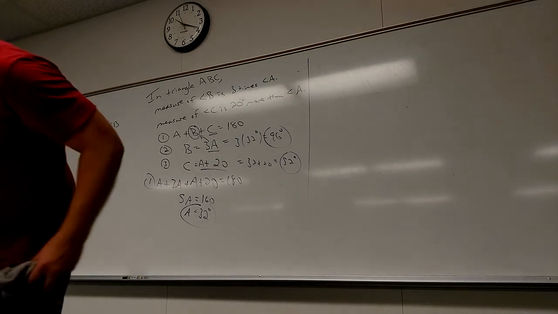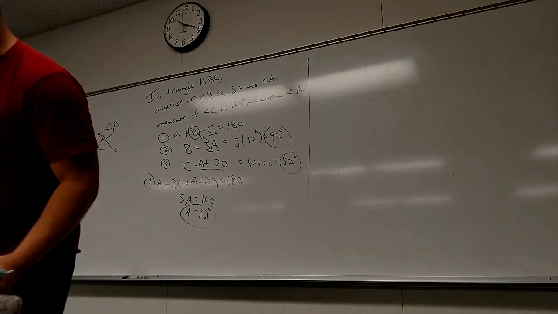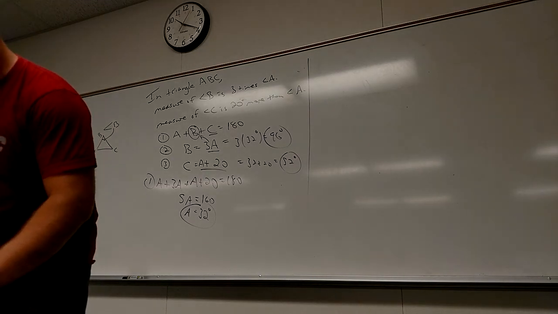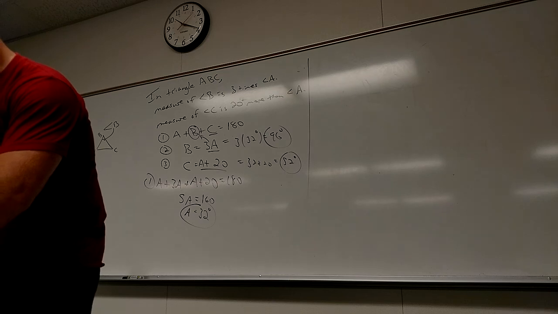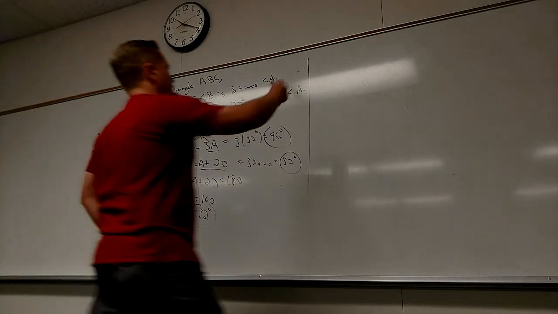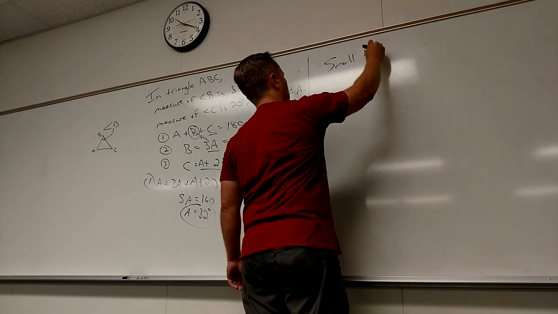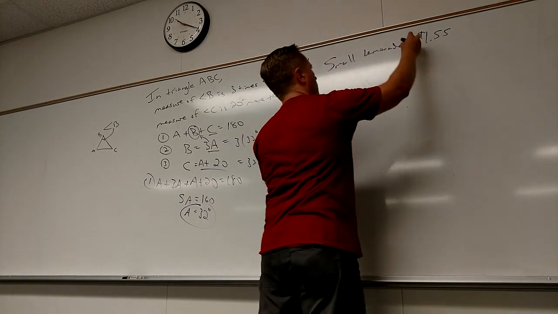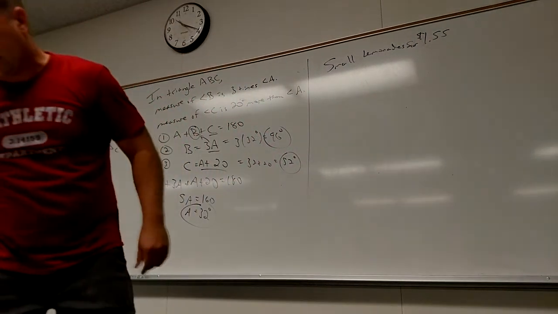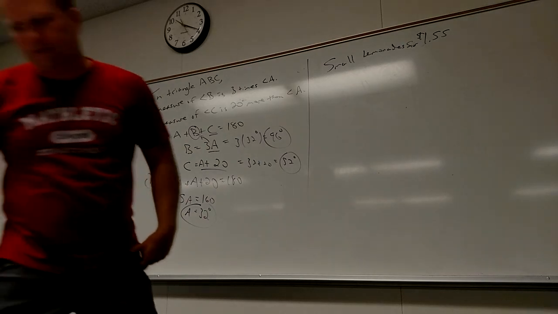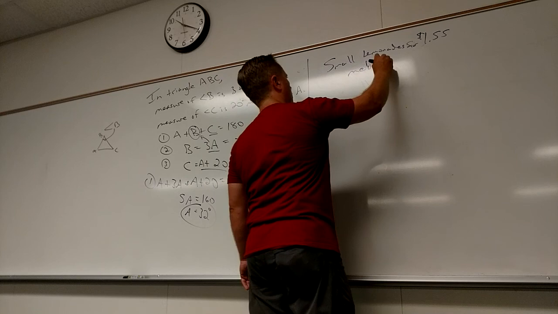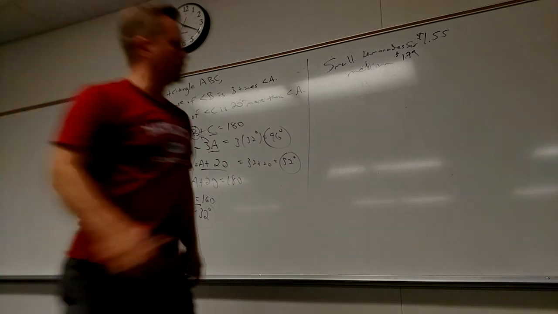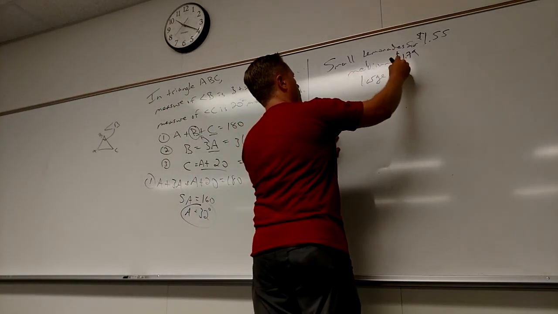Okay, let's do this one. This one is about Chick-fil-A, which is a very interesting restaurant. You have all kinds of feelings about Chick-fil-A. Chick-fil-A recently sold small lemonades for $1.55, medium lemonades for $1.79, and large lemonades for $2.09.